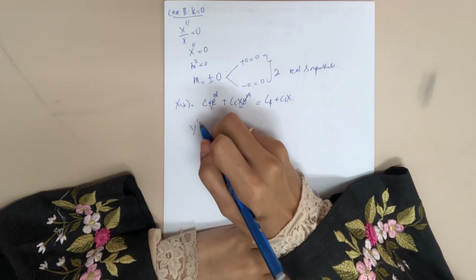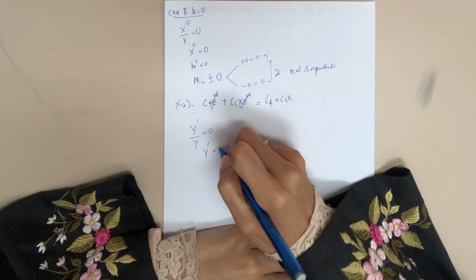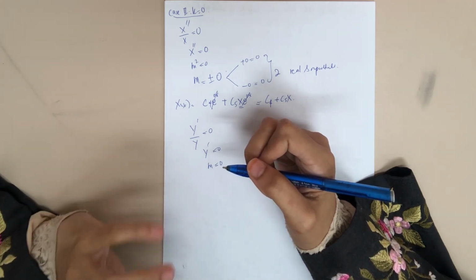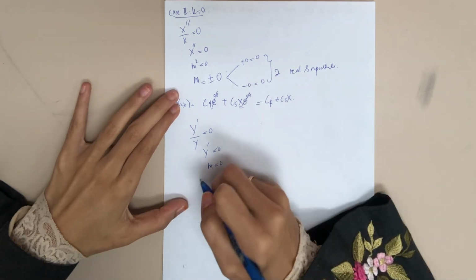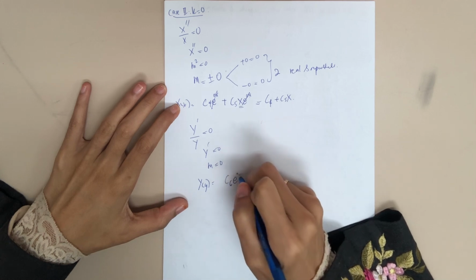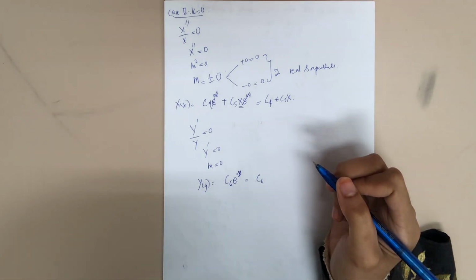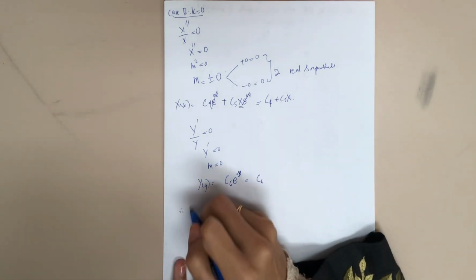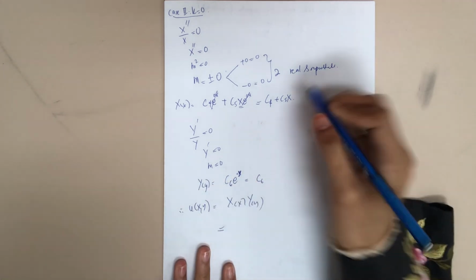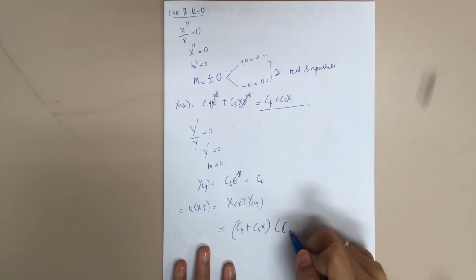Now we do it for the y equation. y prime over y equals 0. Therefore y prime equals 0, m equals 0. So this is only one m, so they have no real and repeated roots. It's just real because it's just one. So the equation for y is given by C6 e^(0y). Therefore, there will be C6 only. So the final solution for case number 2 is: x is now C4 plus C5x, times C6.